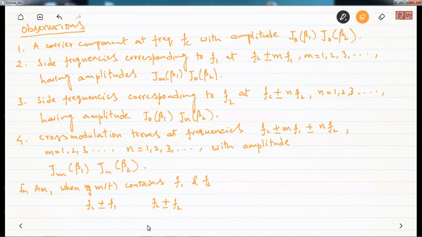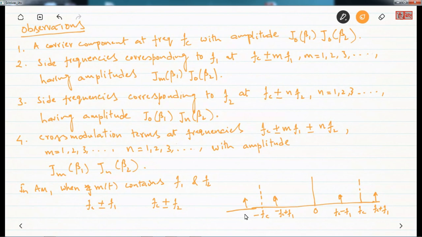So in AM you have 0 and you have this as the carrier frequency. Then you have Fc plus f1. So this will be your Fc plus f1 and this will be your Fc minus f1, and similarly on the left hand side minus Fc plus f1, and here on this side you have minus Fc minus f1.